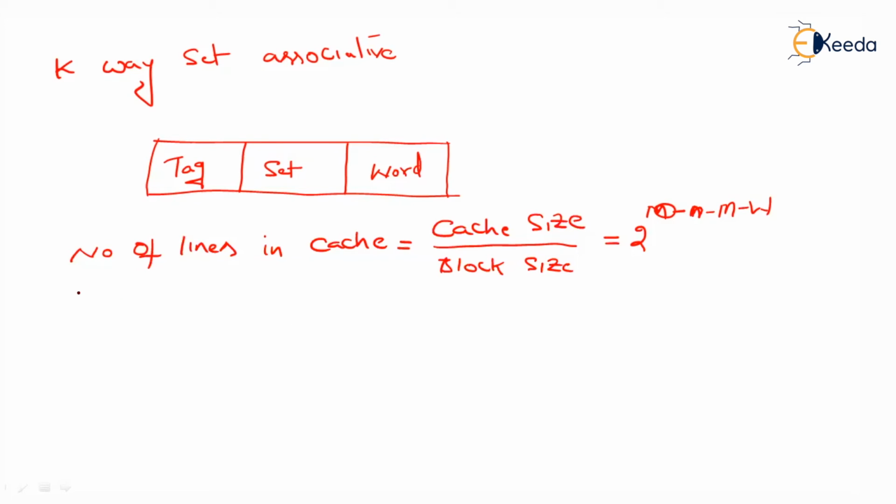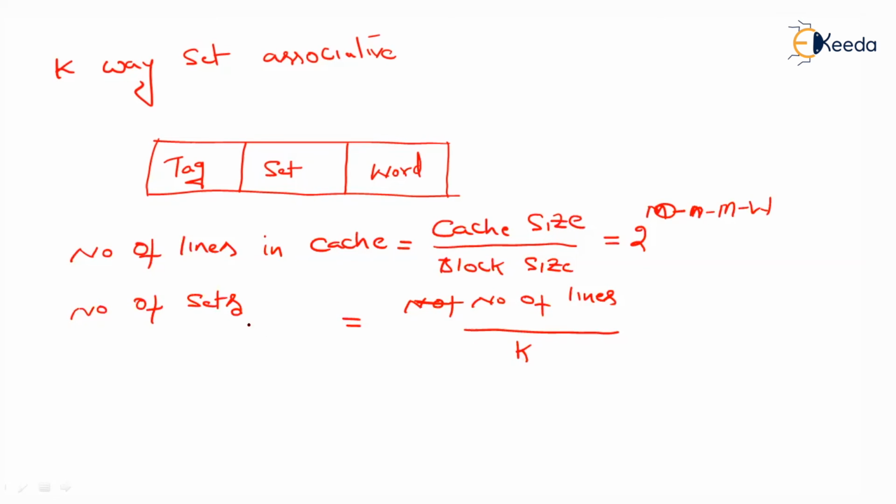So the number of sets will be equal to the number of lines divided by the associativity, k. How are we going to determine the number of sets? We need to find the total number of lines divided by k.